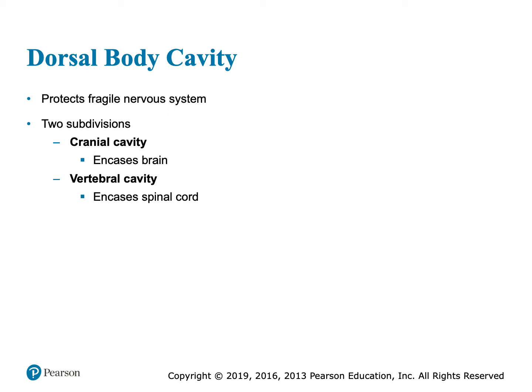Your brain. So your skull's cavity is called the cranial cavity. And then your vertebrae are protecting your spinal cord. So the vertebrae have a cavity running down the middle of them. What's living inside of that? The spinal cord. So that's a vertebral cavity. Both of those are subdivisions of the dorsal body cavity.